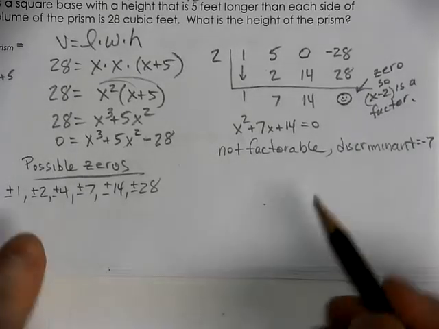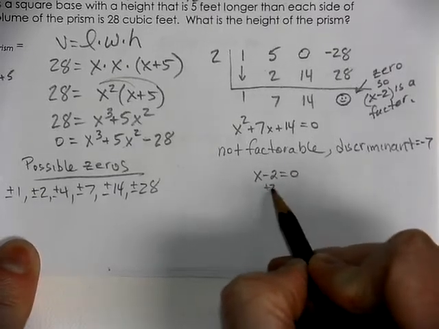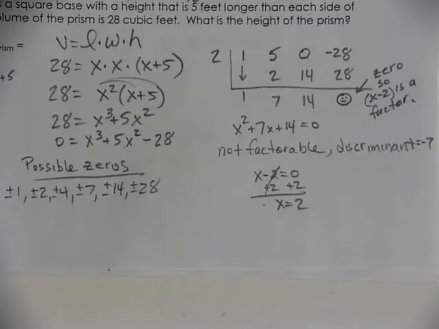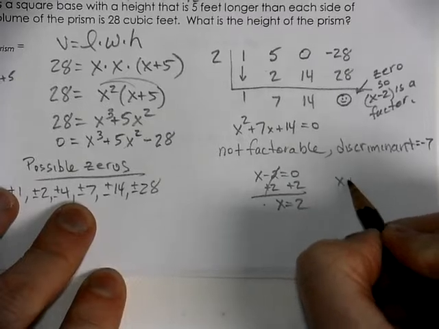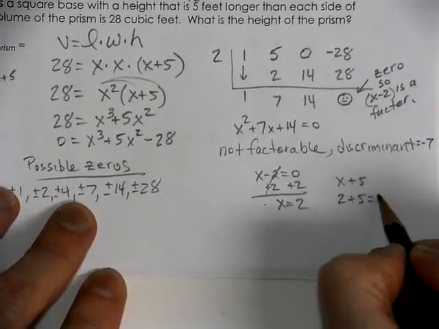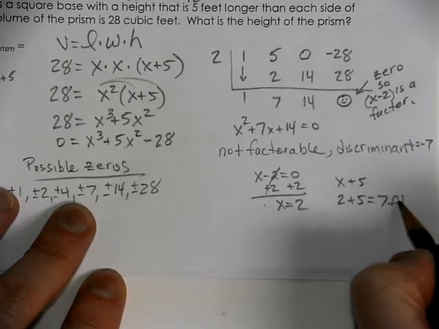So we're done. There is only one answer, and we're not surprised by that. It was 2. So the height of the prism, x plus 5, 2 plus 5 is going to be 7. That would be 7 feet.